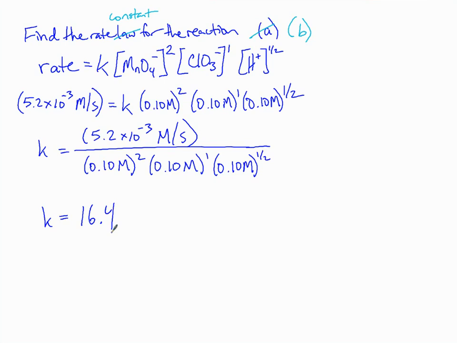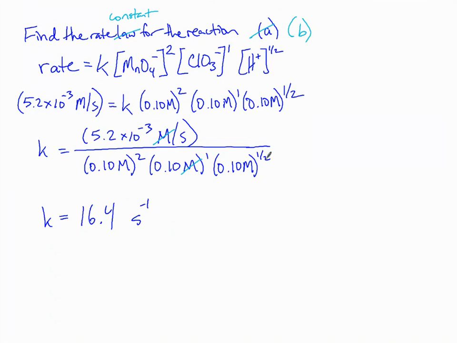And then units are really sort of the difficult part. So we have molar squared times molar to the 1/2, and that's on the bottom. If you look, this is to the first power, and this is to the first power, so those two we can cancel out. So we're going to have, first off, seconds to the -1, and then we're going to have molar to the -2 times molar to the -1/2.